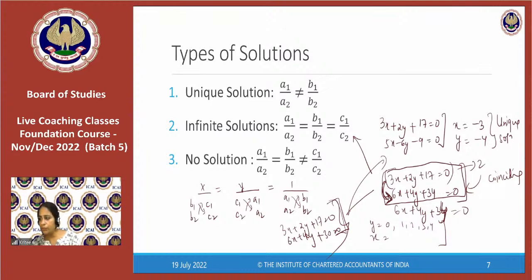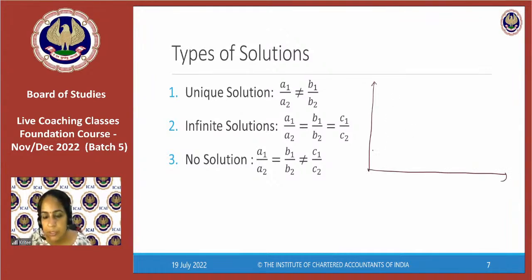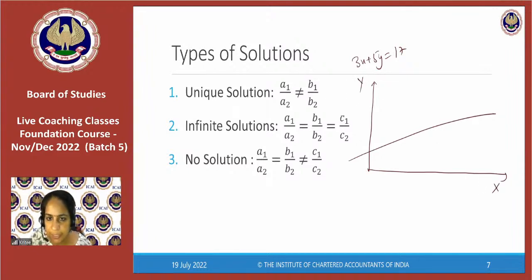Let me make you understand how this entire thing works. Just focus on the board first, please. See, whenever you have two equations, linear equations are a representation of some line. So what is happening here is there are some lines. Like if I plot the first equation, 3x plus 5y is equal to 17, it would be something like this, supposedly, where this is x and this is y.